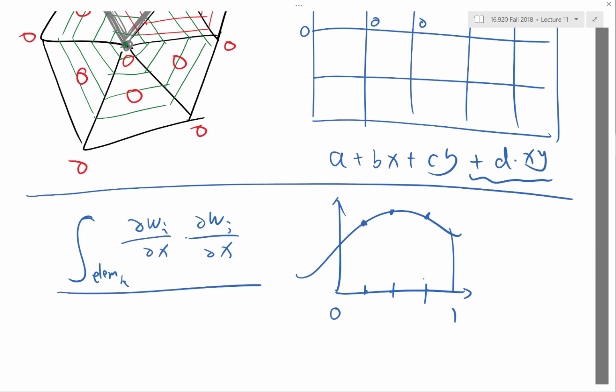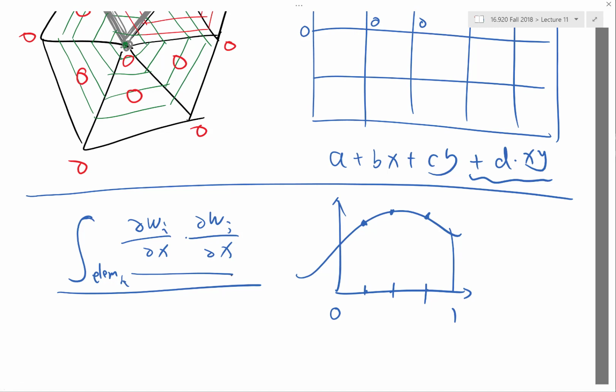Our hat functions in one dimension are actually linear within an element. So even if you construct bilinear basis functions or even more complex basis functions, it is usually very smooth within a single element. And therefore, the product of different basis functions are also going to be smooth within elements.